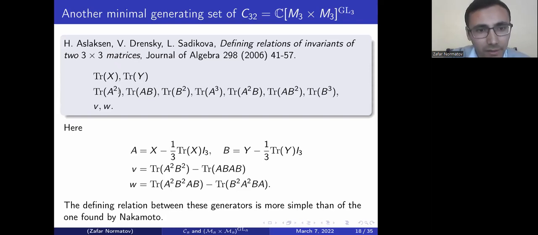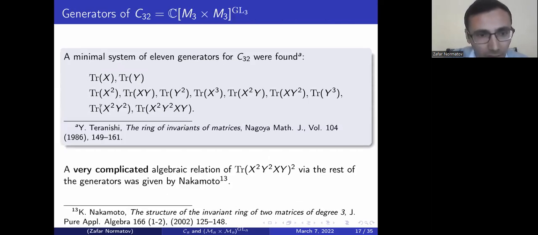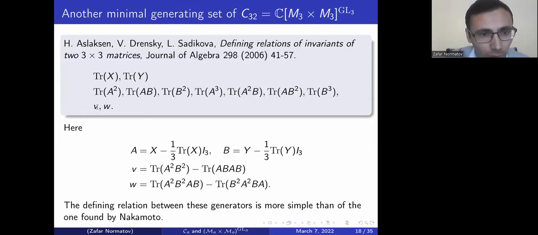If we compare the generators, the first line doesn't change, but in the second line, they take traceless versions of matrices X and Y. And also they changed the last two generators to V and W. V and W are defined as follows.